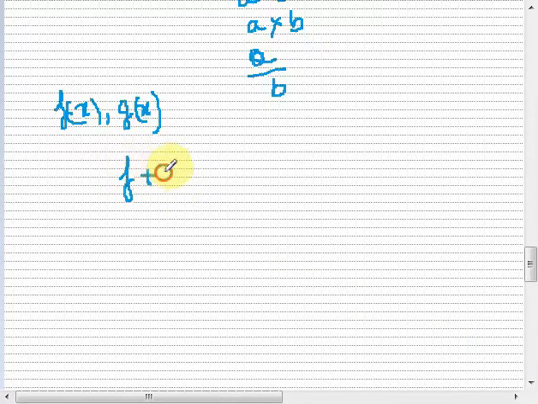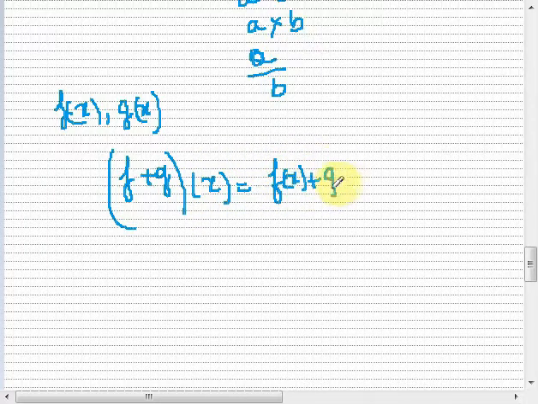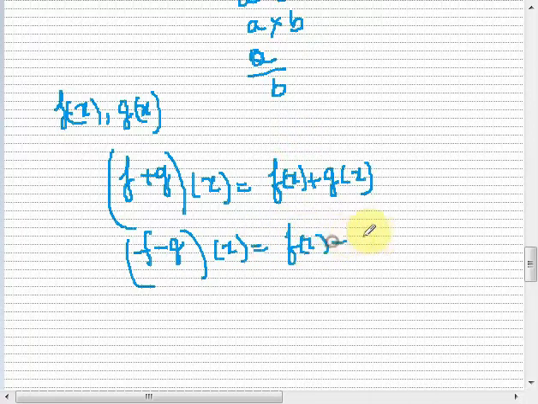The functions can be combined in this manner. f plus g of x is equal to f(x) plus g(x). f minus g of x is equal to f(x) minus g(x). This is what we are doing, arithmetic operation on functions.